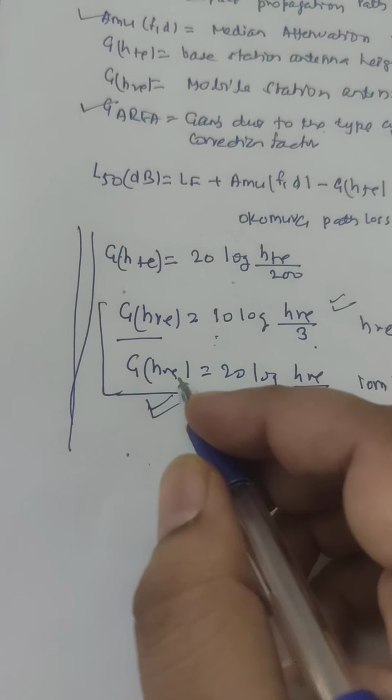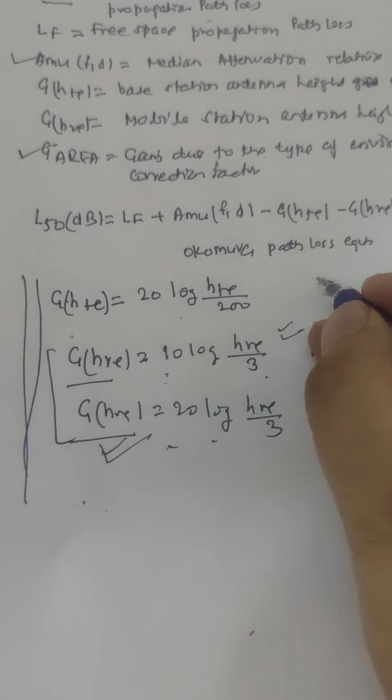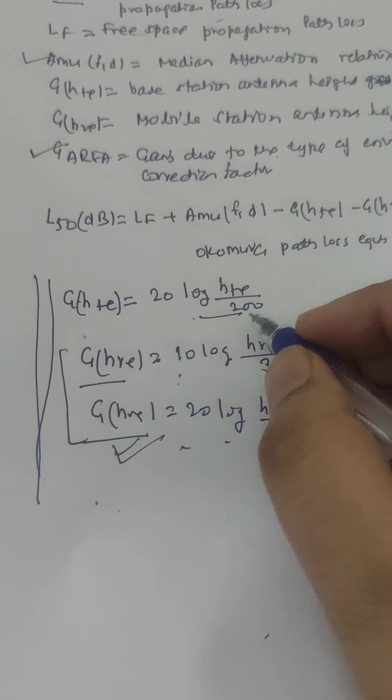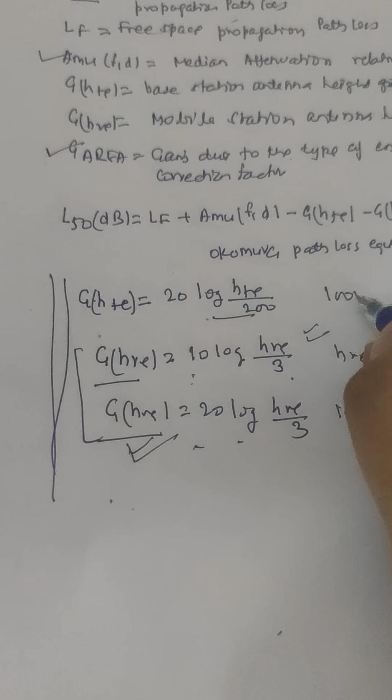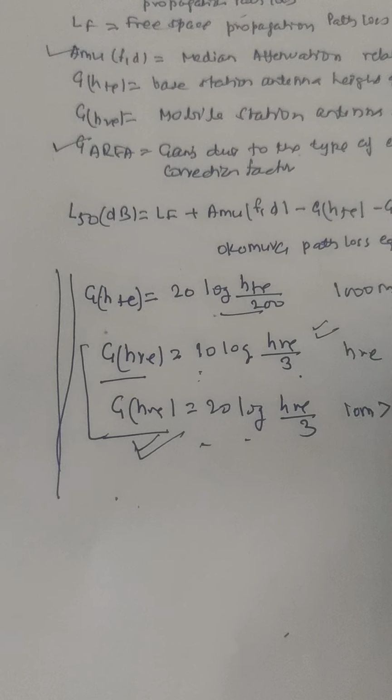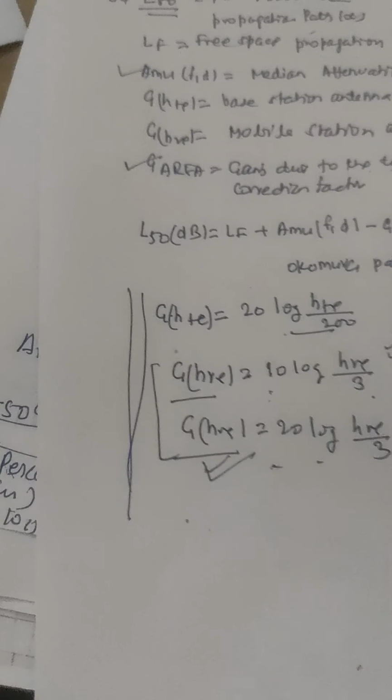So it is basically the height of the antenna, and the transmitter height lies between 30 meters and 1000 meters.